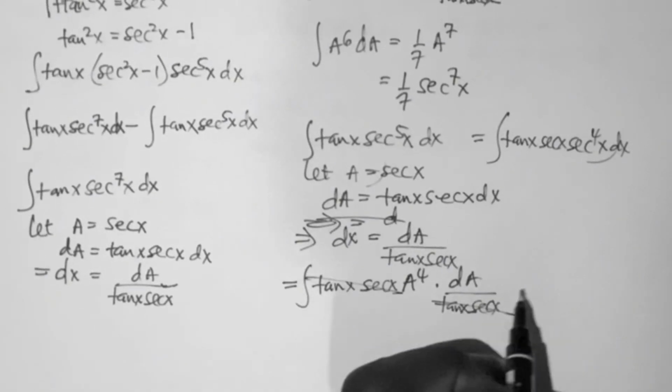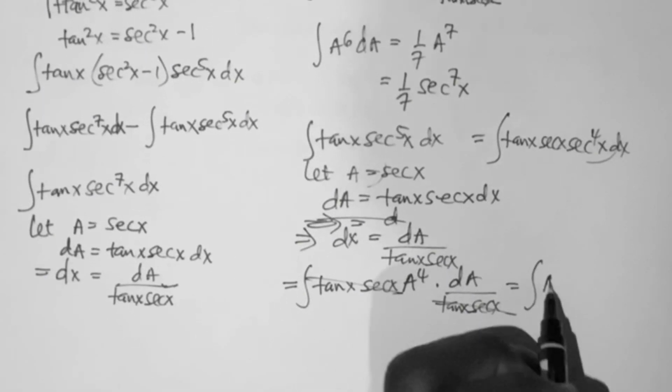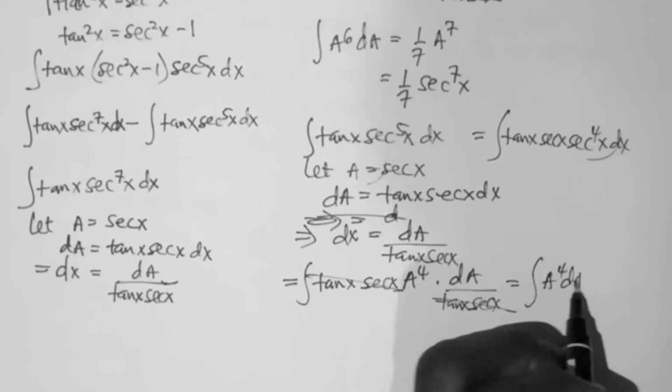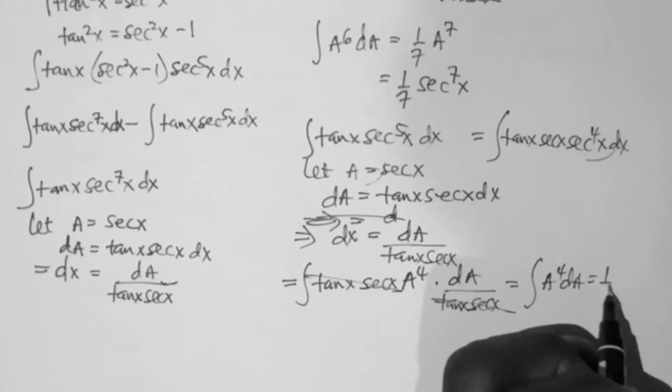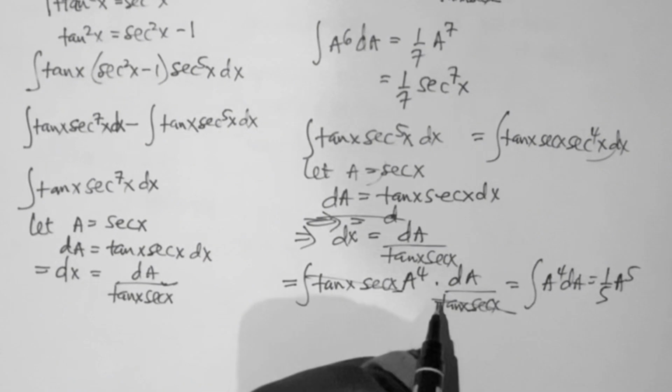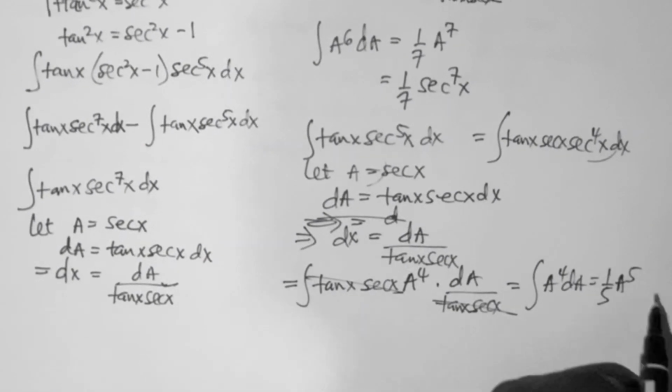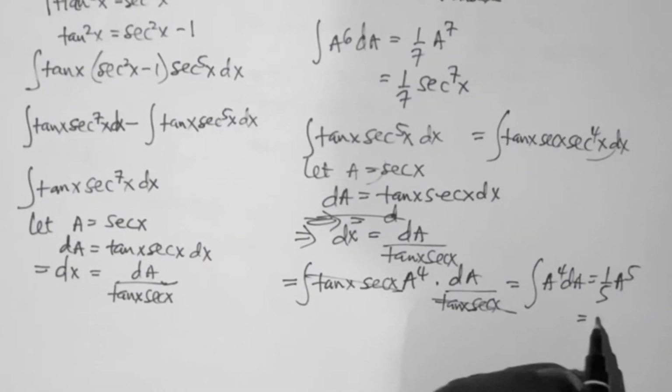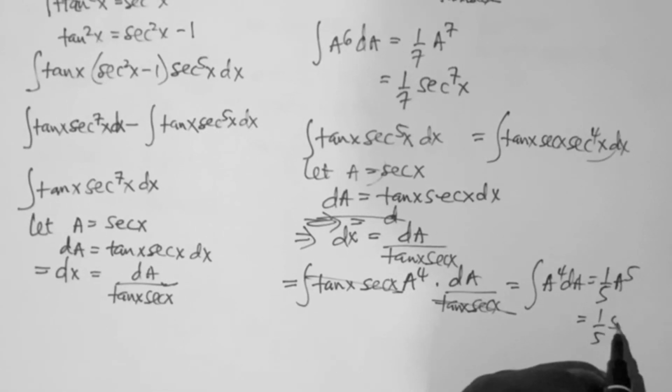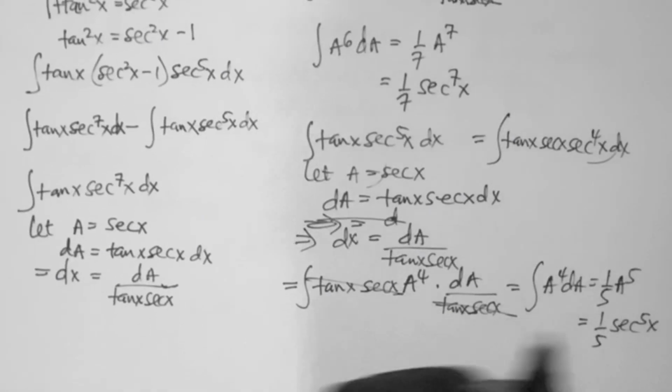So this and this will cancel, so this becomes integral of a exponent 4 dA, and that is equal to 1 over 5 a exponent 5. But then a is equal to sec x, so this is equal to 1 over 5 sec exponent 5x.